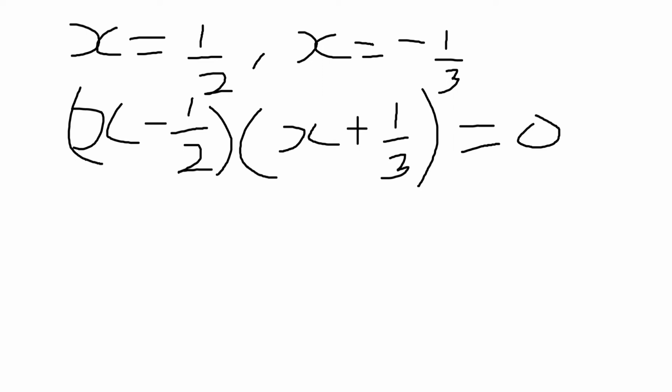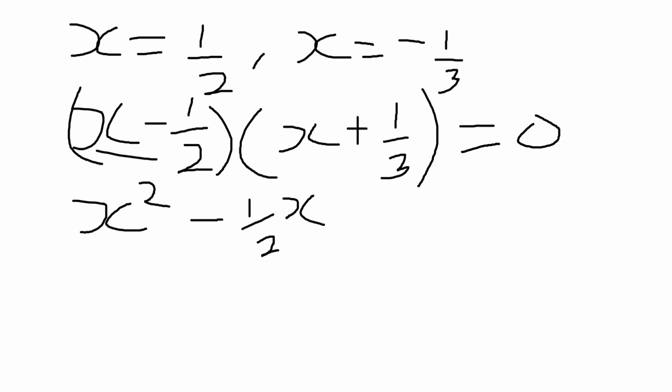So at this point, what we just have to do is to open up the brackets. We have to expand, and while expanding, we have x squared. That is, we take this, we multiply by x. Let us take the negative half and multiply by x again. So we have minus 1/2 of x.